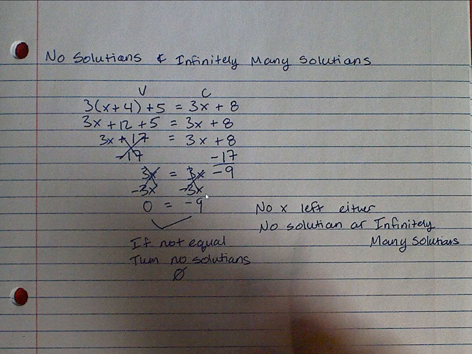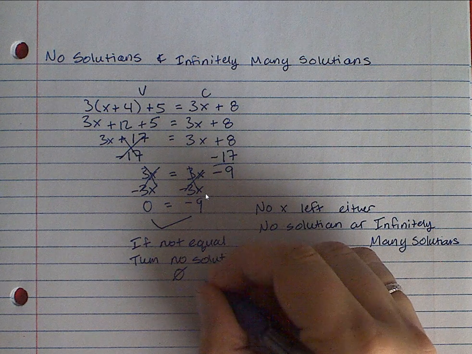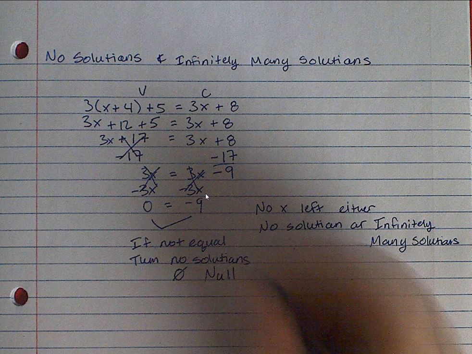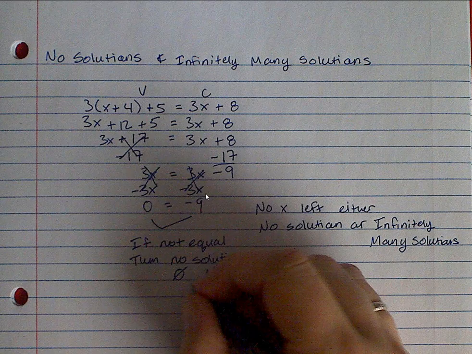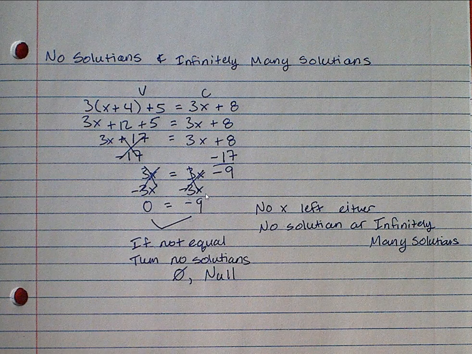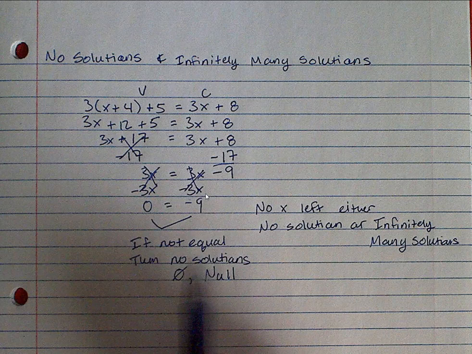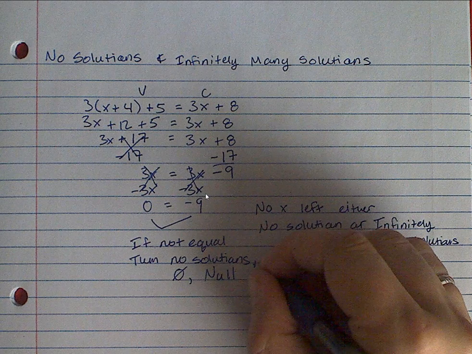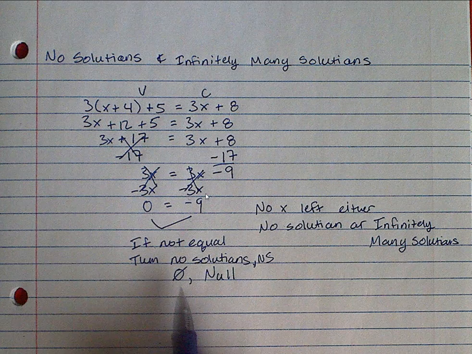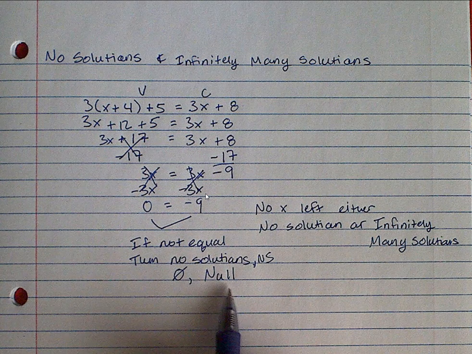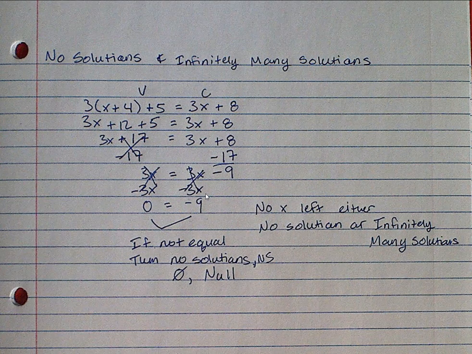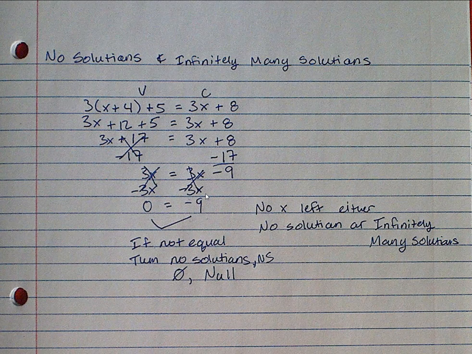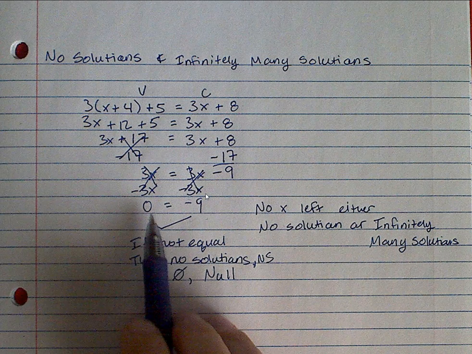And then the other thing you could do is write the word null, N-U-L-L. The word null in math means no solutions. So you could either write no solutions, or I'd even be okay if you abbreviated it NS. You could write 0 with a slash through it, or you could write the word null. Any of those would be fine. Now this is if these two things are not equal.